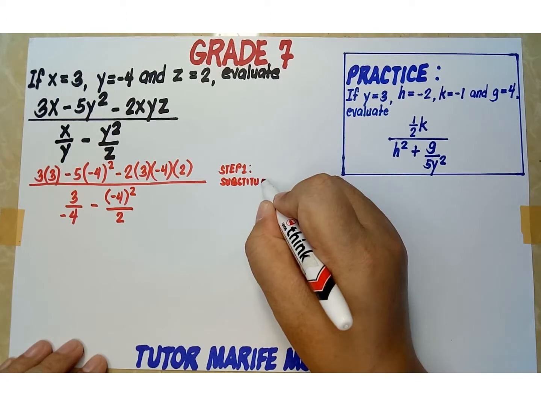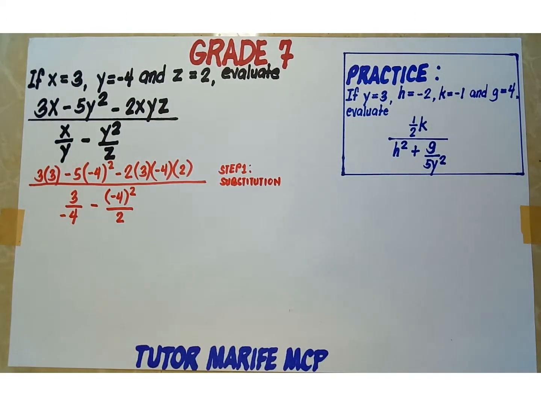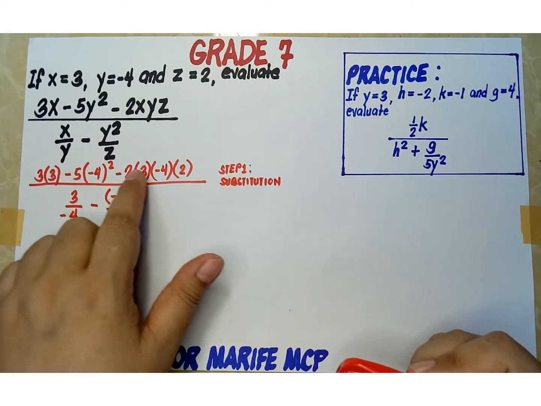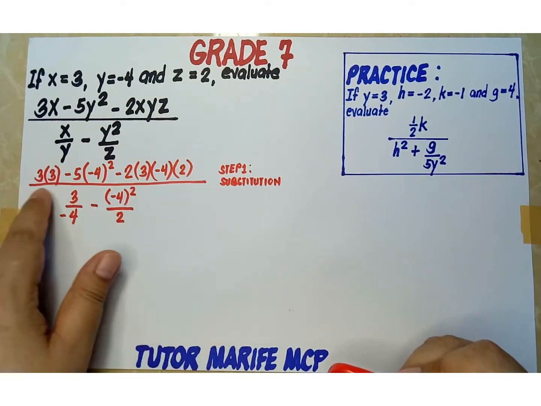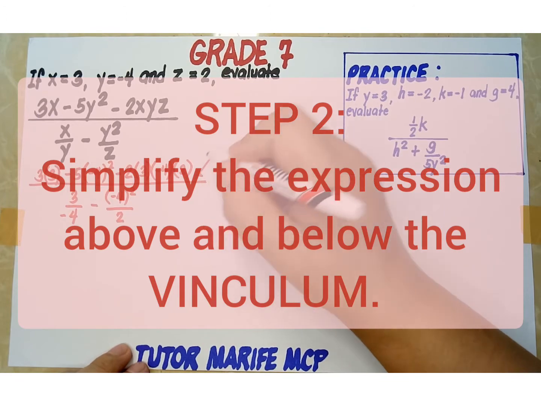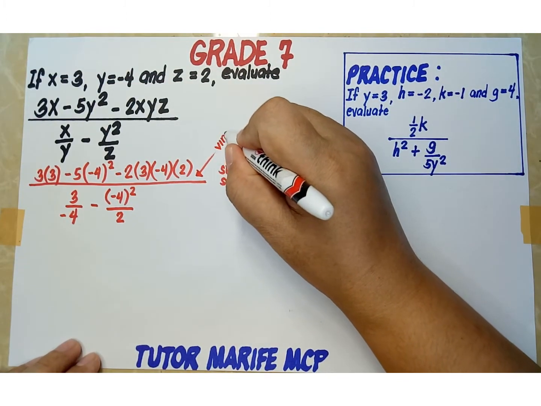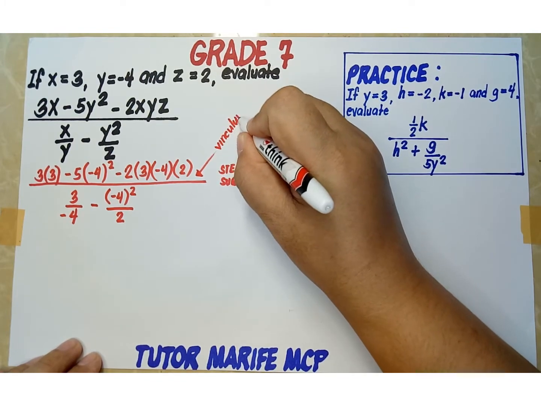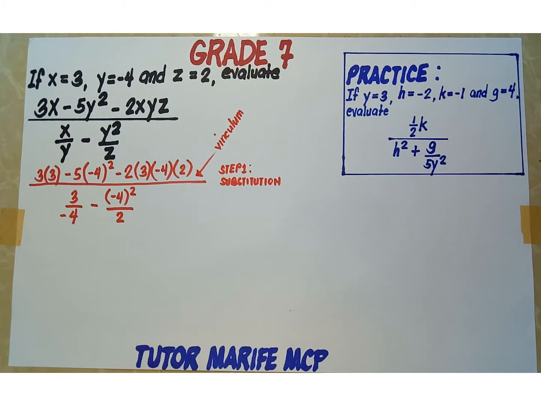After substitution, ang next step natin is to simplify the expression above the long horizontal line or your fraction line, or your fraction bar, or your vinculum. Vinculum is another grouping symbol.